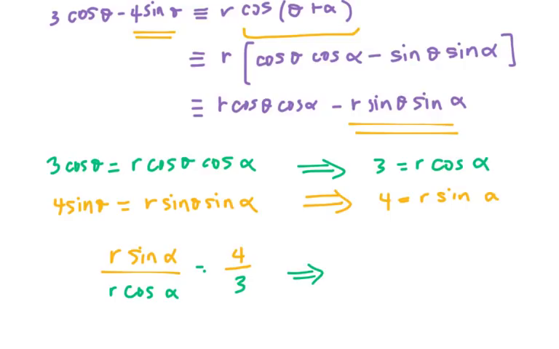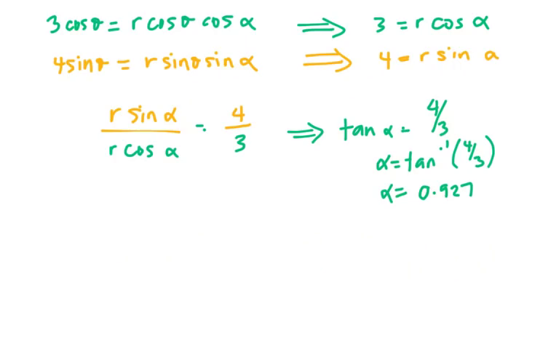So therefore, sine over cos is going to give us tan, and the r's are going to cancel. So tan of alpha is going to be 4 over 3. Therefore, alpha is going to be tan inverse of 4 over 3, which is 0.927 in radians.